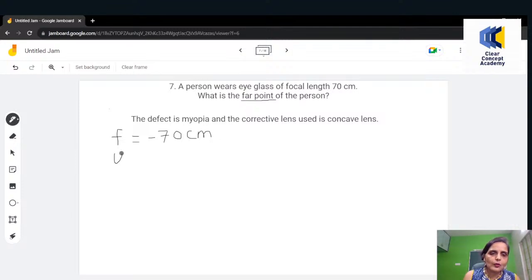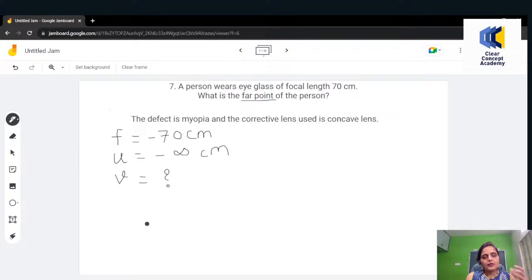So object distance u is equal to minus infinity. The object is always kept to the left of the mirror or the lens, and by Cartesian convention, any distance to the left of the mirror or lens is always taken to be negative. The image distance is also negative, so we have to find the image distance, that is the far point. So we get this as the question mark.